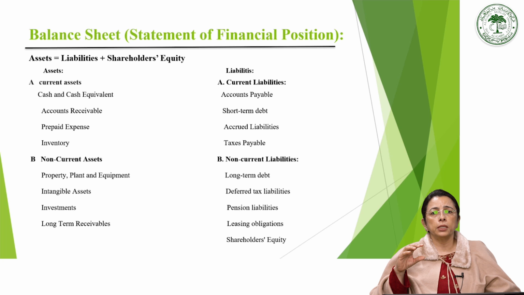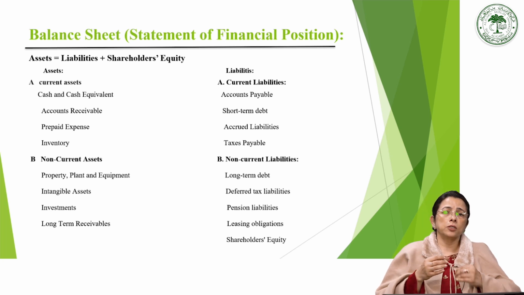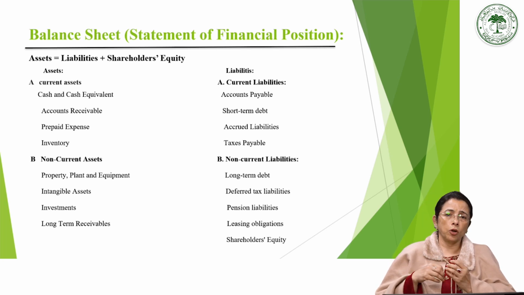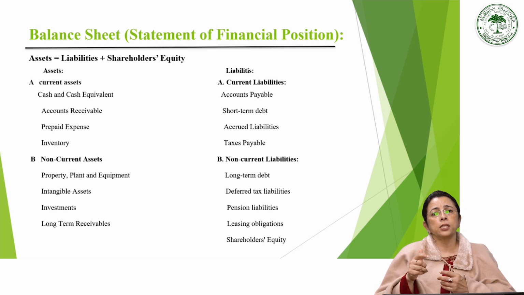Whereas there are some other debtors who do not pay immediately. They pay after some time. Maybe they say, please just allow me 20 days or 15 days or 10 days. They take a gap of a certain number of days in order to pay back the money. So that is your debtors.